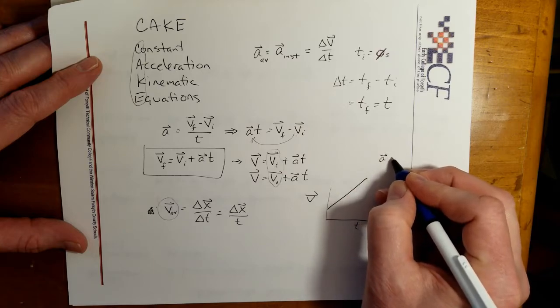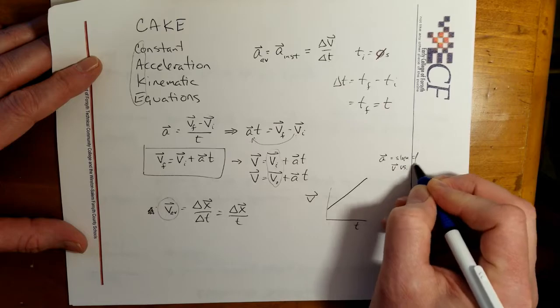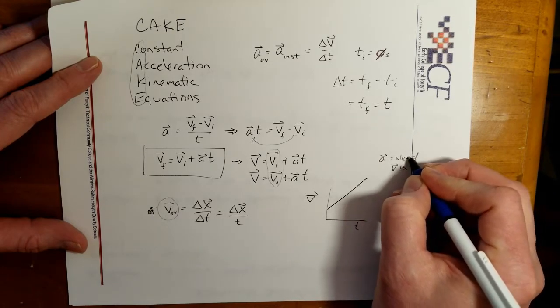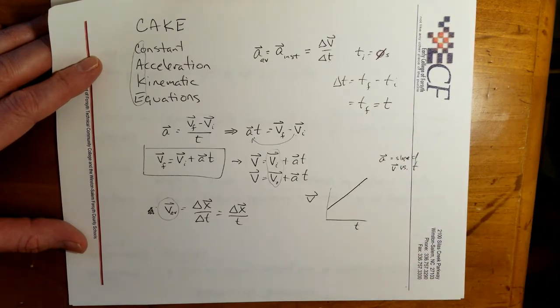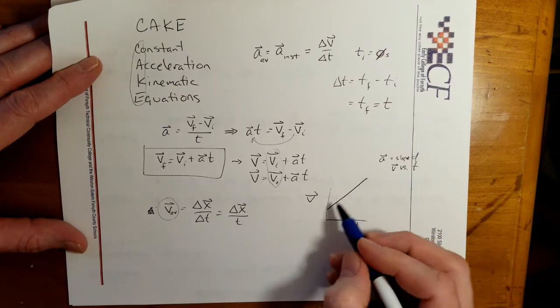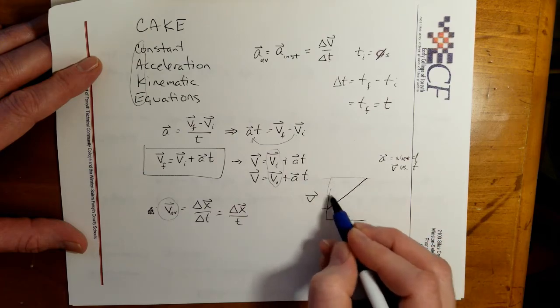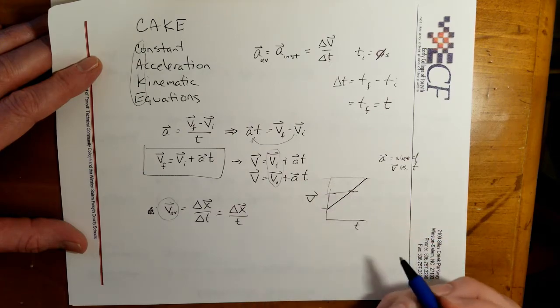Acceleration is the slope of velocity versus time. That is in another video, whether it's before or after this one, I'm not sure at the moment. And so if that's a straight line, the average is just smack dab in the middle. That's going to be the average.